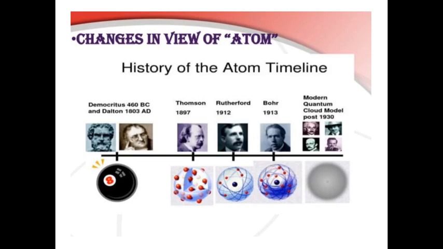Democritus started the talking about atom, and a lot of scientists have worked on it, but the first work on atom was credited to John Dalton, who was able to explain the indestructible and indivisible particles called an atom.